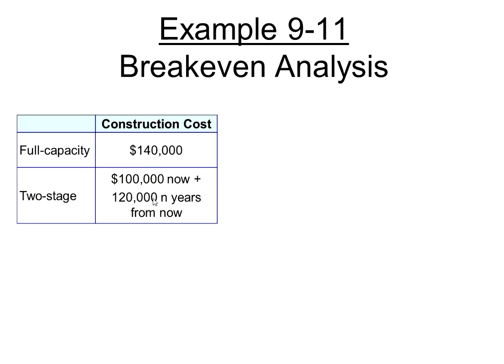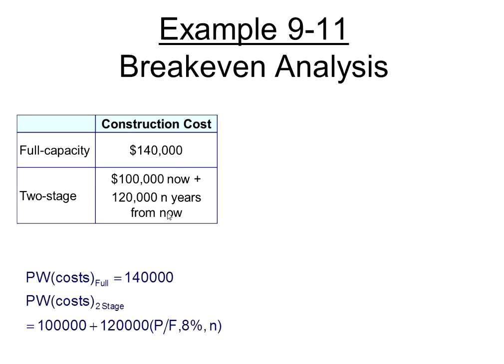But then, n years from now, we're going to build additional facilities, which will cost us $120,000. So we have flexibility in terms of how many years from now that additional construction is built. We want to know what year n gives us the break-even value between the full capacity and two-stage.